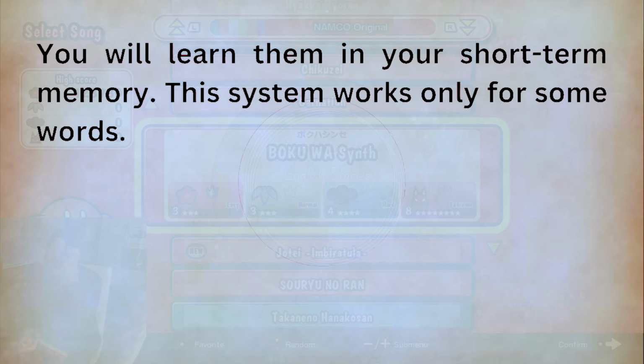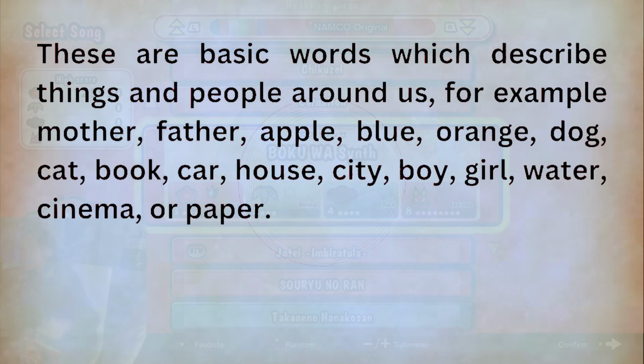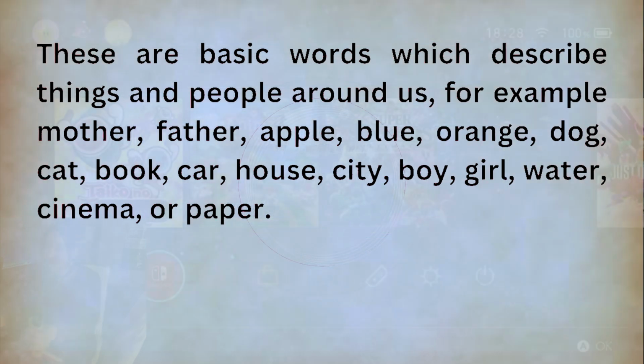This system works only for some words. These are basic words which describe things and people around us. For example, mother, father, apple, blue, orange, dog, cat, book, car, house, city, boy, girl, water, cinema, or paper.